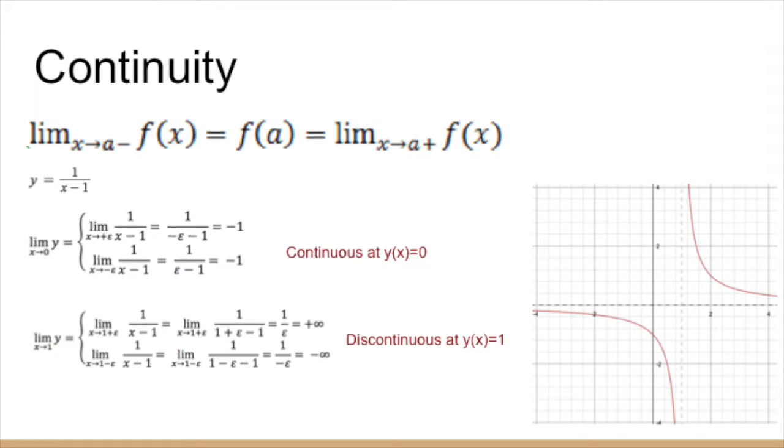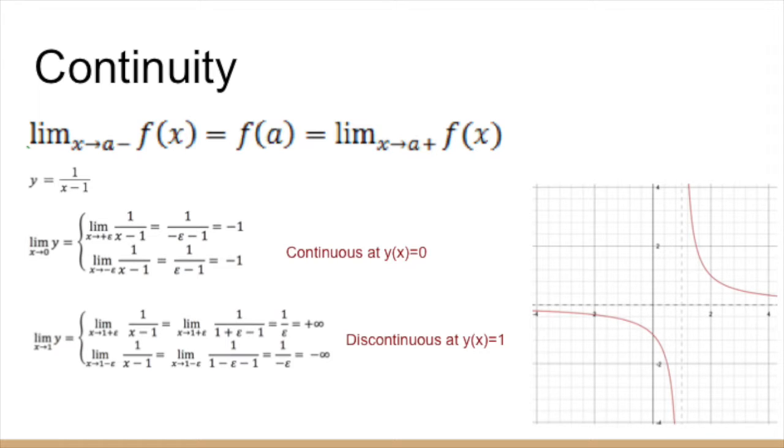Let's see one more example here to illustrate the definition of continuous. Where y equals 1 over x minus 1, when x equals 1, this will be undefined. As such, you can say it's discontinuous at x equals 1, so no limit exists at this point.